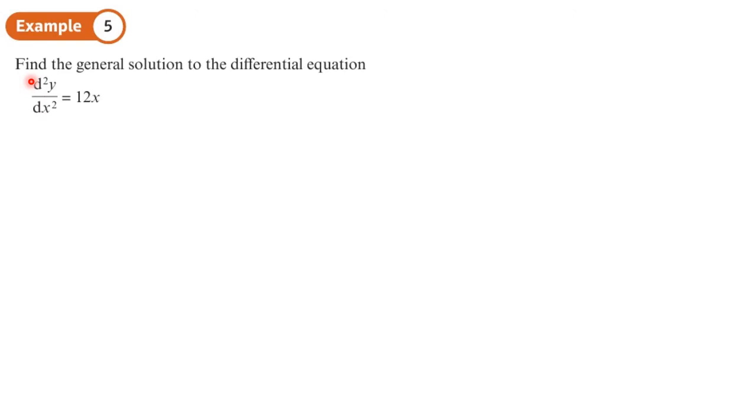Okay, so we want to find a general solution to this equation here. We don't need to form the auxiliary equation for this. It's quite straightforward. We're going to integrate it twice to work out what the solution is. This is just to show you that we end up with two arbitrary constants. So let's integrate it first of all.